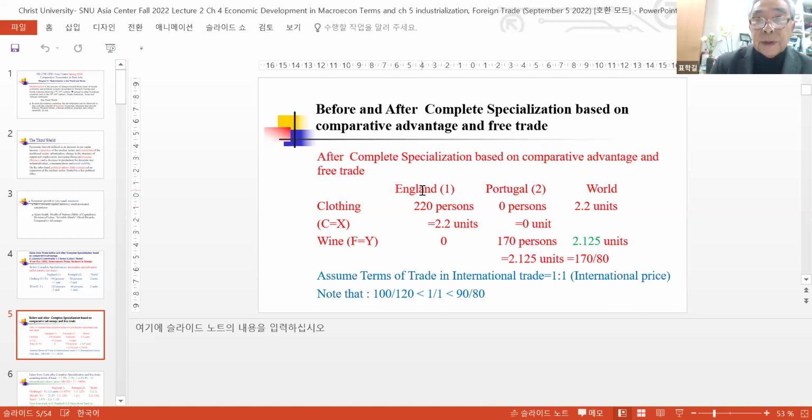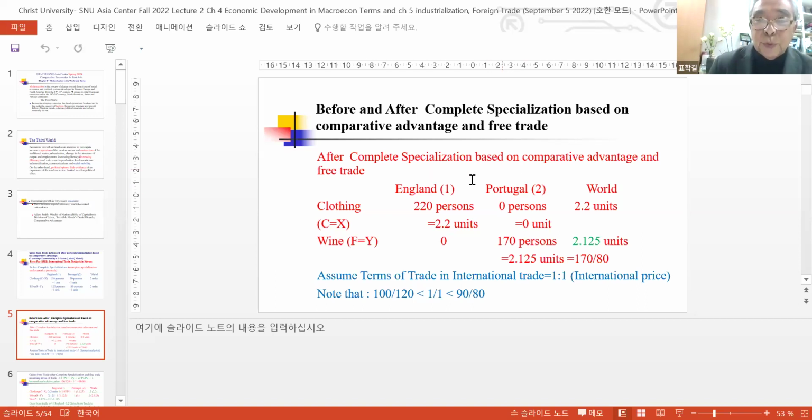It's paradoxical. For example, suppose the Soviet Union is England, and the non-Soviet Union, all European and Asian countries, the Soviet Union's partner country, is Portugal.